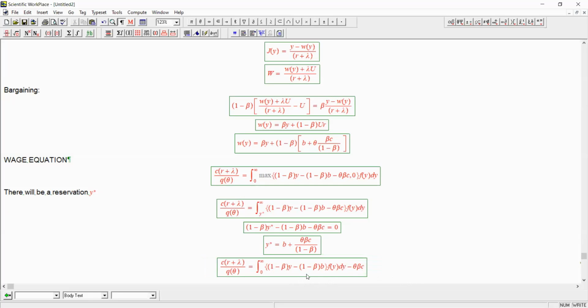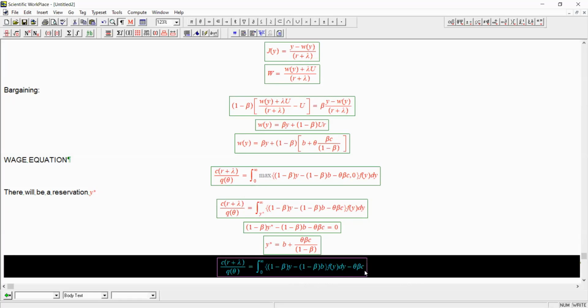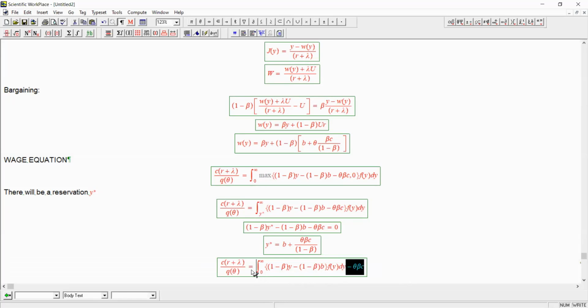And so you can put this over here, the expression on the left is strictly increasing in theta. This is increasing in theta, this is decreasing in theta, but it's in the denominator. And this will be a positive number so long as the expected value of y is larger than b.